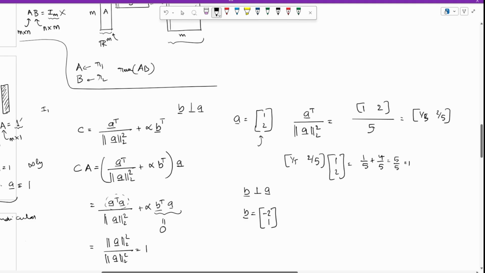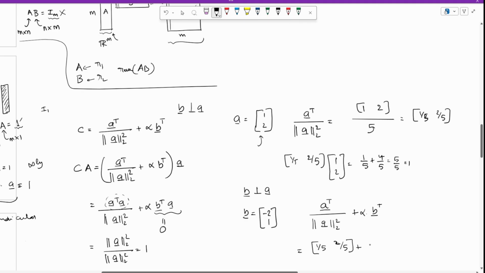Okay. Now, if I take this and I add simply some alpha times B transpose, okay, what will I get? I know what this is. This is 1 by 5, 2 by 5.